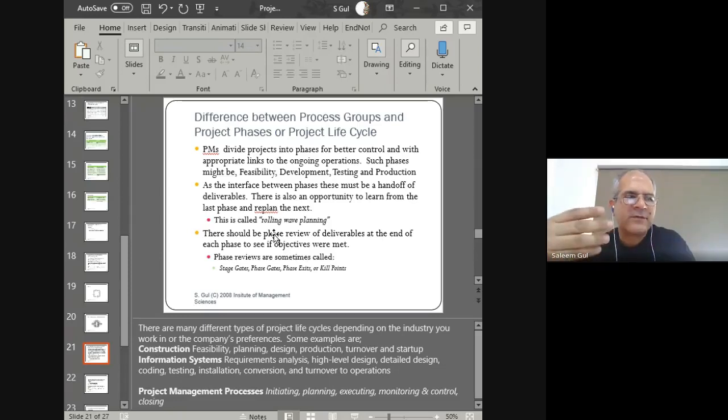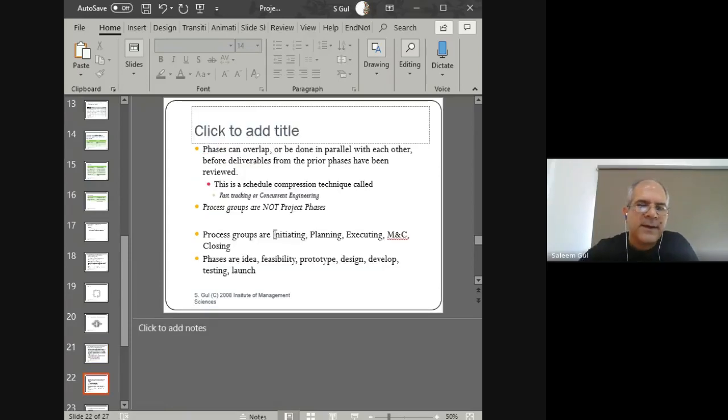The idea is that after every phase of the life cycle, we revisit the purpose of why this project got started, and if that purpose has ceased to exist, then we can abandon the project and we don't continue forward. Right? So we don't confuse the phases with the process groups. We keep them as separate concepts, right?